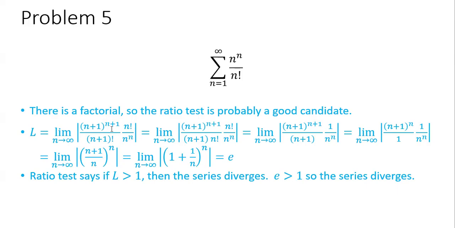Okay. So I grouped the like terms together-ish again. Did I do that? Or what did I do here? Even I don't remember what I did. So let's figure this out. Okay. So this is the first step, a sub n plus 1 divided by a sub n. What's n plus 1 factorial? That's n plus 1 times n times n minus 1 times n minus 2, and so on and so forth.